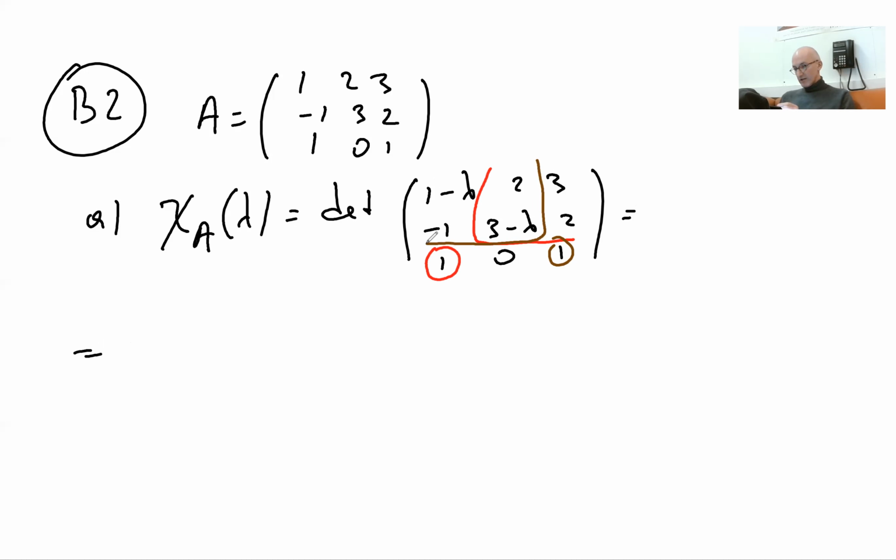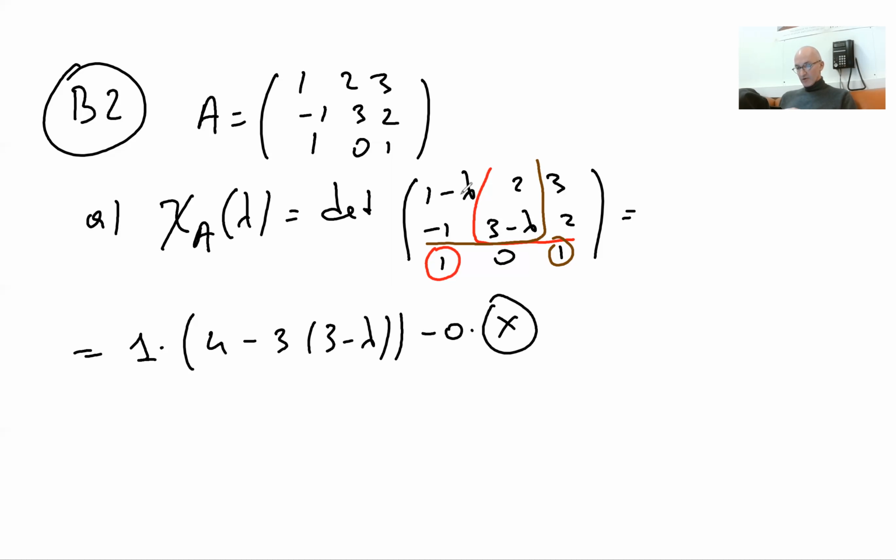So let me write it down accurately. So this is 1 times the determinant of this matrix, 4 minus 3 times 3 minus lambda. Oh, to be precise, I should put plus minus 0 times the determinant of the matrix obtained from this matrix by removing this column and this row, but it's 0 anyway.